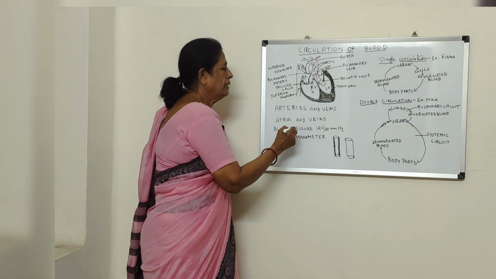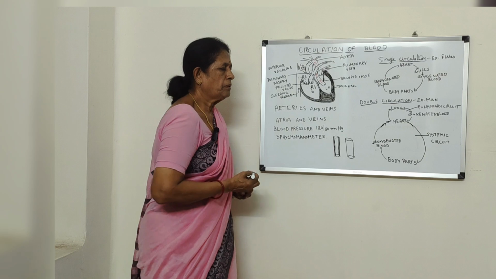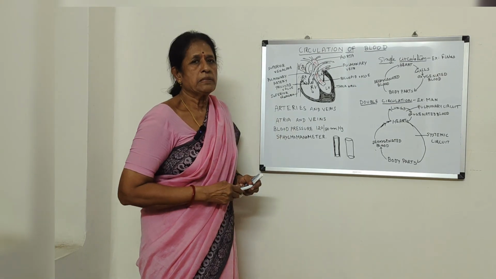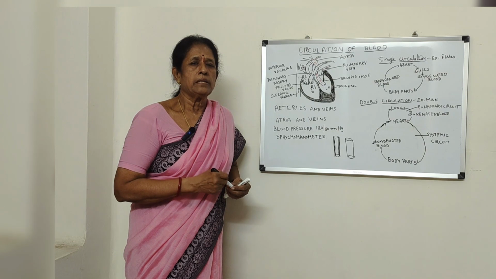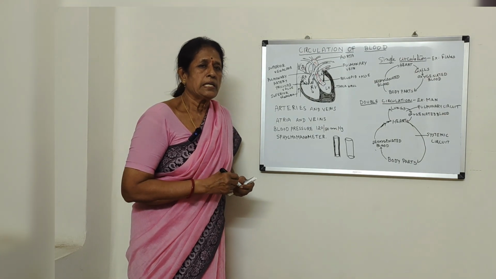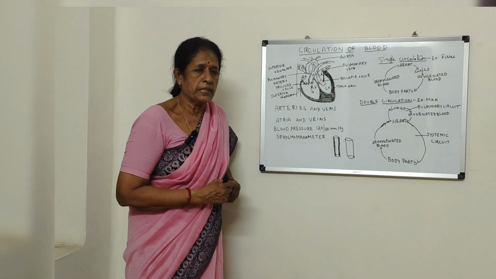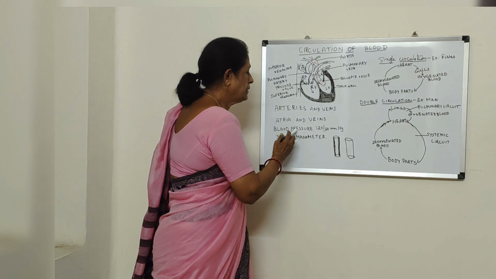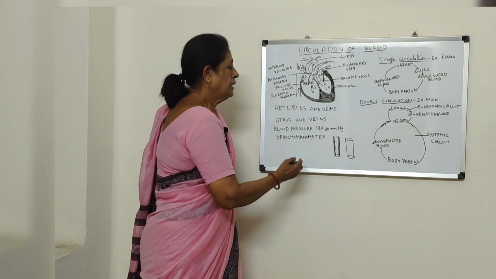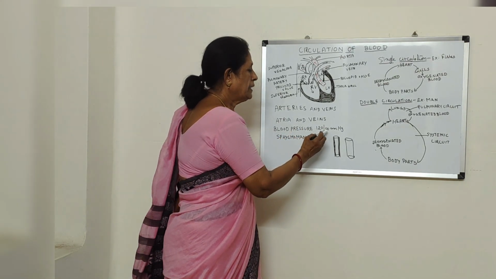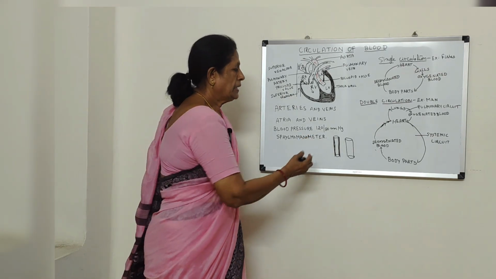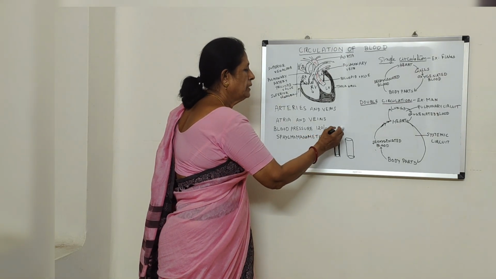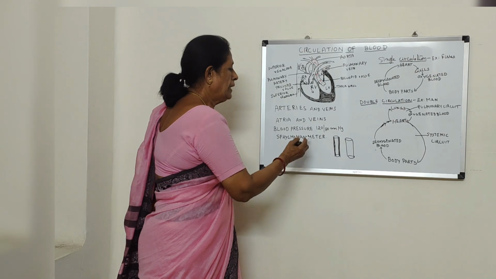And again let us get back to blood pressure. I told you what blood pressure means. When the heart pumps, the blood enters the arteries, exerting a lot of pressure on the walls of the artery, which is called blood pressure. The normal blood pressure in a human being is 120 by 80, measured in mm of mercury.